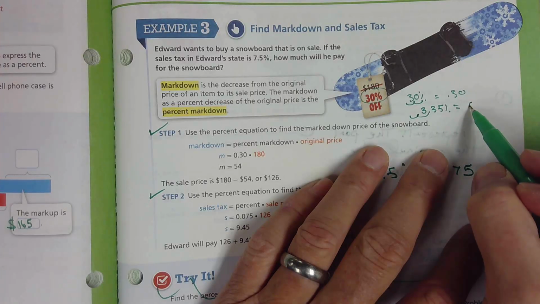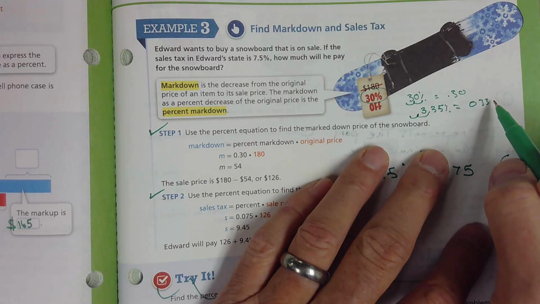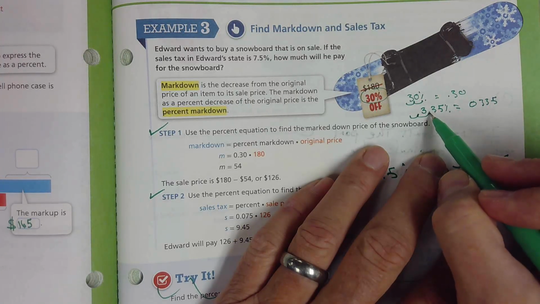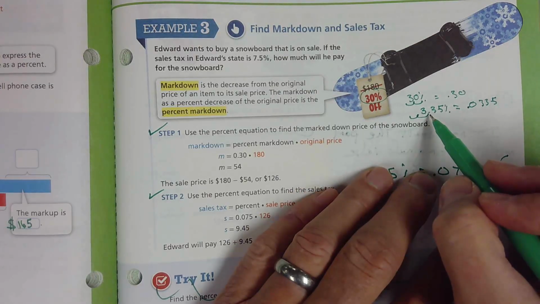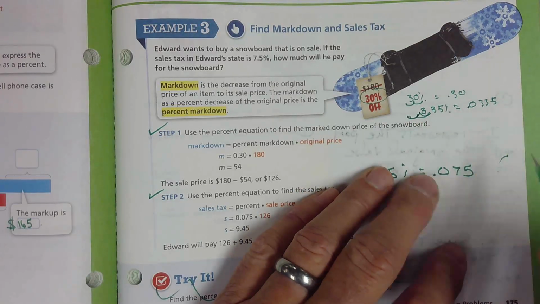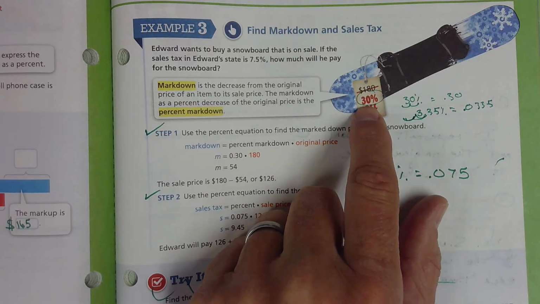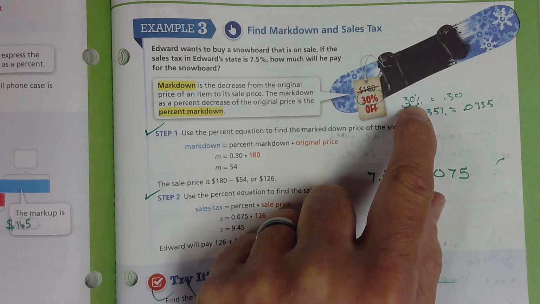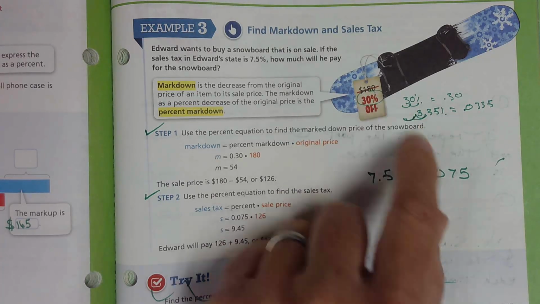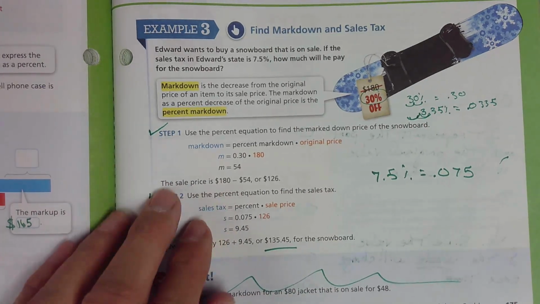So that's going to be 0.0335. I moved it 1, 2 places. But when it's 30% or 25% or 99%, you just go from where the percent sign is and move it over 2 places. But anyway, so you can see step 1 and step 2 there.